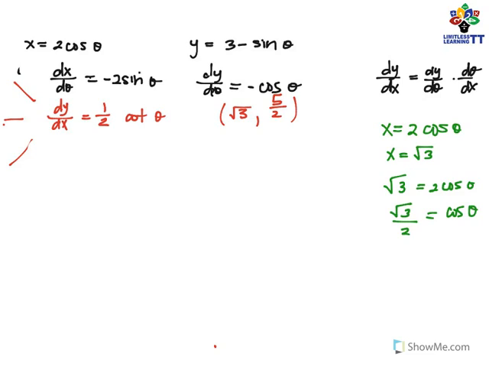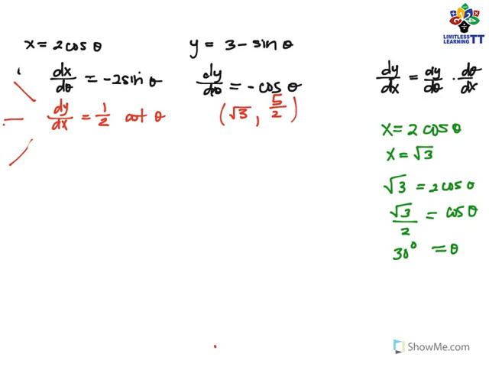And then you should just remember that theta has to be equal to 30 degrees, because these are values you're supposed to know. You're supposed to know what sine, cosine, and tangent are for 30 degrees, 45 degrees, 60 degrees, and 90 degrees. So theta must be equal to 30 degrees.